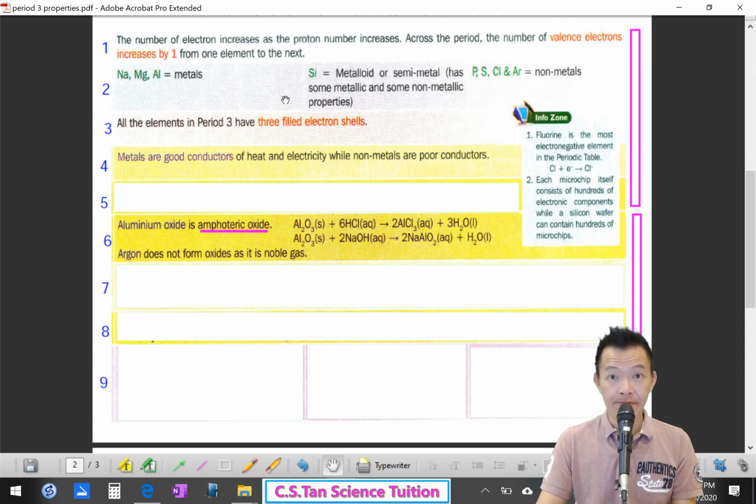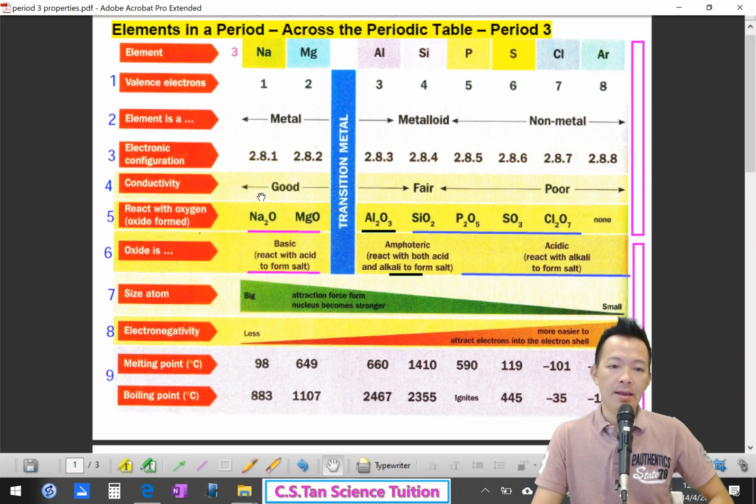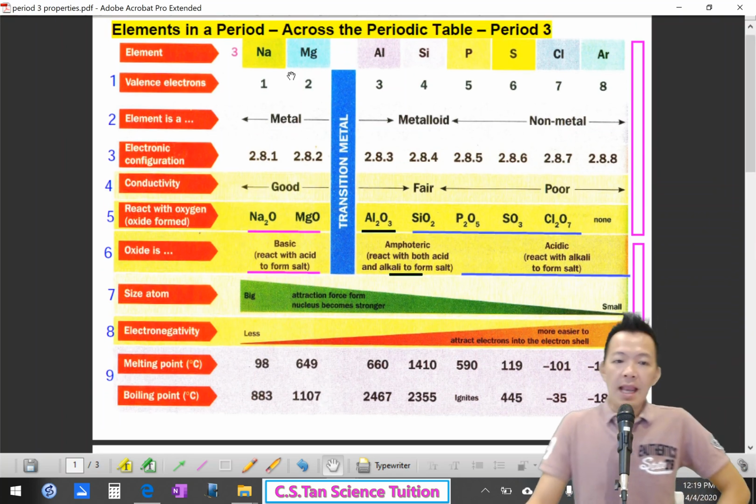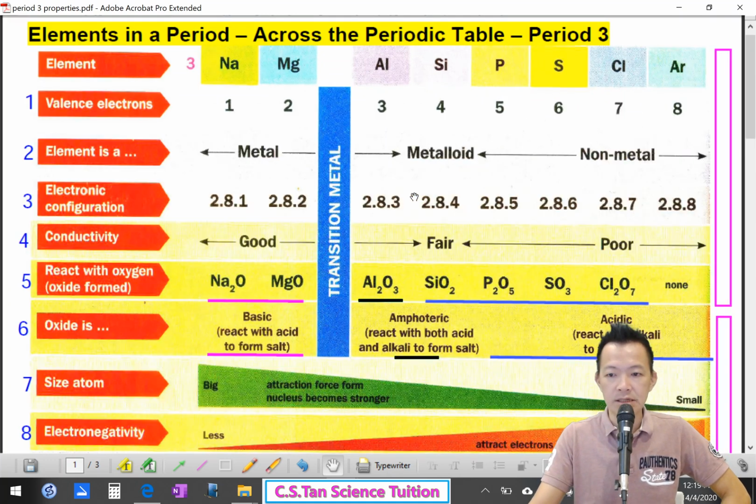Look carefully, don't be nervous, don't be afraid of many words. So from the left to right, when you move across the period number 3 from left to right, anything happens? We go slowly.